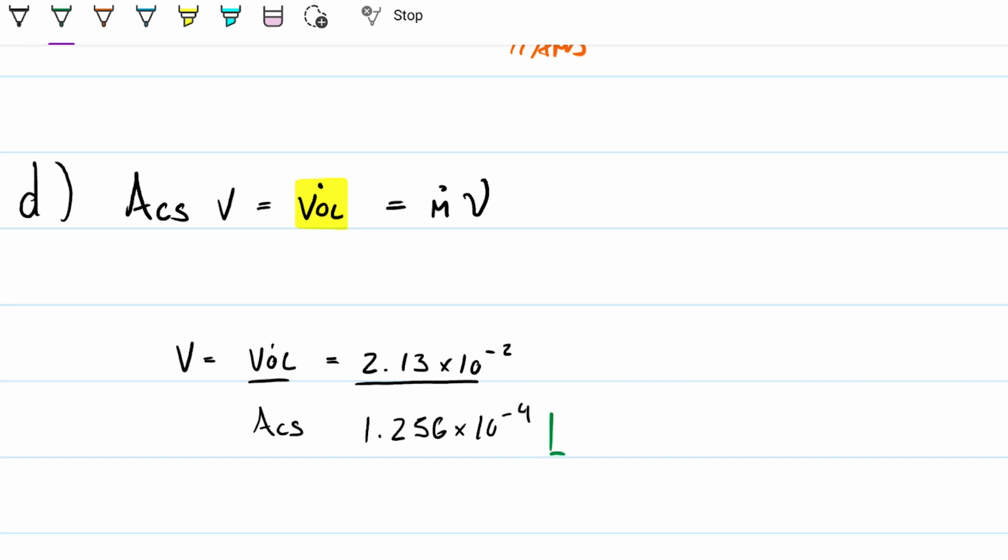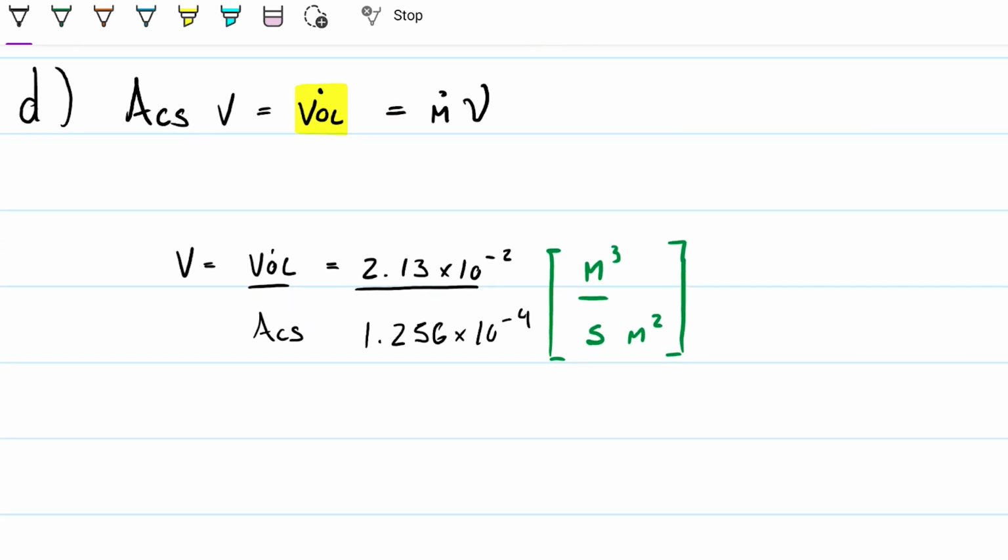Unit-wise, what we have here is meters cubed per second, and we have meters squared here. So we're going to be left with meters per second, which is great. That's what we're looking for. Velocity, and that gives me 169.698. So let's go ahead and approximate this to 170. Okay, so 170 meters per second is the out velocity.